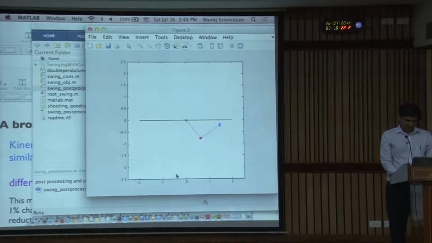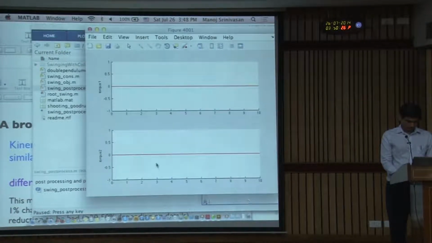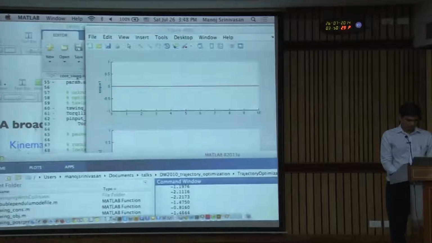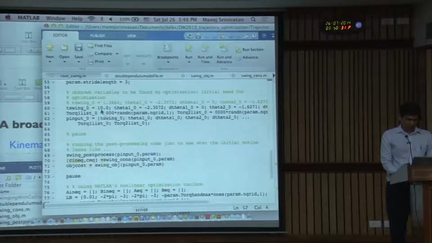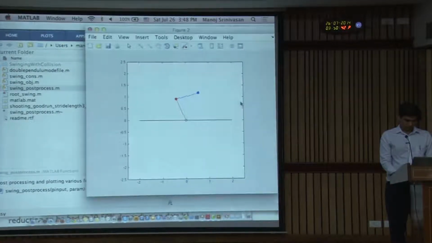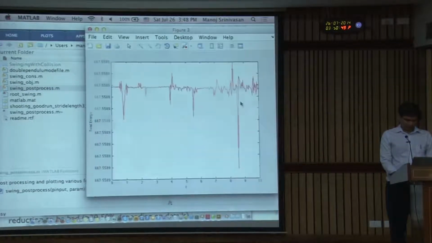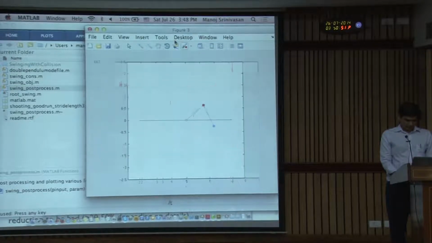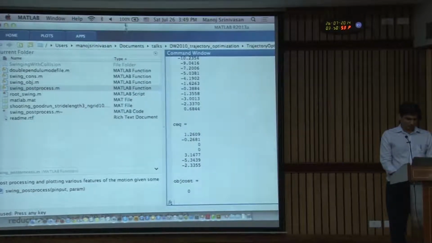So that's just a completely passive swing. I just set the torques equal to 0. And if I initialize theta to be -3 or 4, that's the passive motion of a double pendulum, famously chaotic. Anyway, so I'll do that forever.